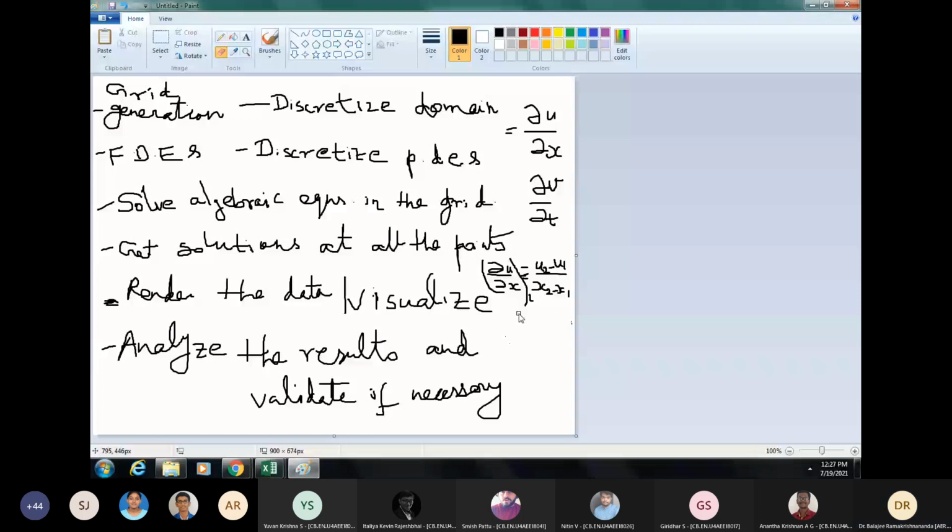Okay. Now, if you are telling I is 1, then you need to know the value at I is equal to 2. Now, that is connected to I is equal to 3 and so on and so forth. So, we form all the equations at all i's. How many variables will we have? Suppose I is equal to 10 points. For that, you need to know the u at all the 10 points.